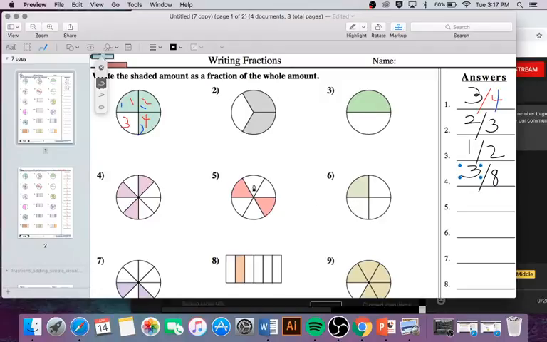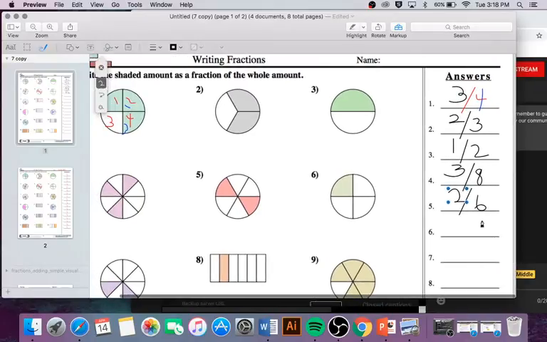Number 5, we have 1, 2, 3, 4, 5, 6 parts in our whole. So our denominator is going to be 6. And we have 1, 2 parts shaded in, so our numerator is going to be 2.